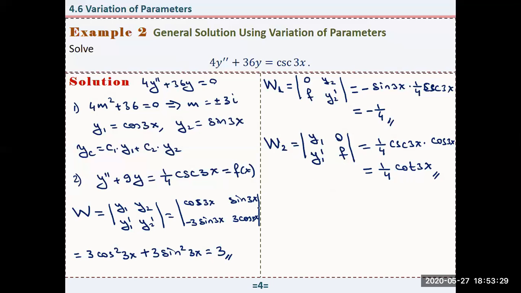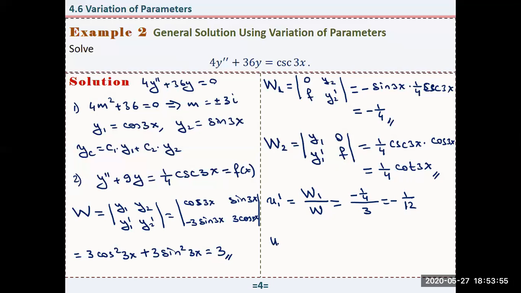So now we can evaluate the value of u sub 1 prime, which is equal to capital W sub 1 over capital W, that is the Wronskian determinant, and this W sub 1 is equal to negative 1 over 4. This capital W is equal to 3, so that's equal to negative 1 over 12.